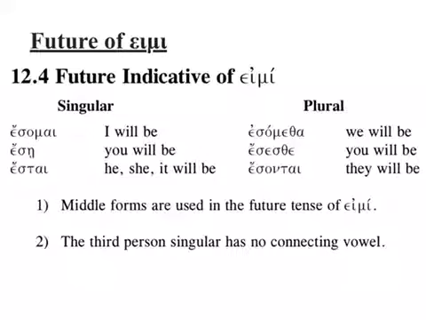Or I will be being. So it's under 12.4 in your book. I recommend just looking over those and being familiar with them. I don't think this one is as common as other ones, but in the Gospels, that's pretty much about it.